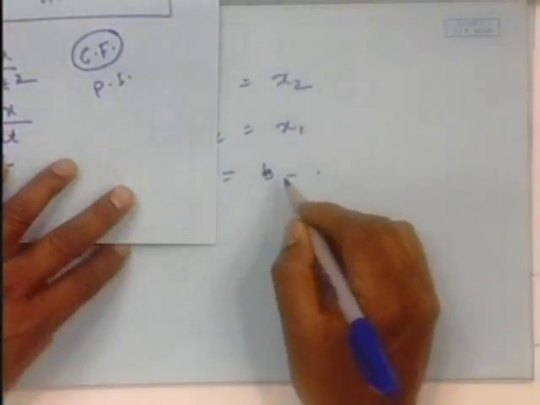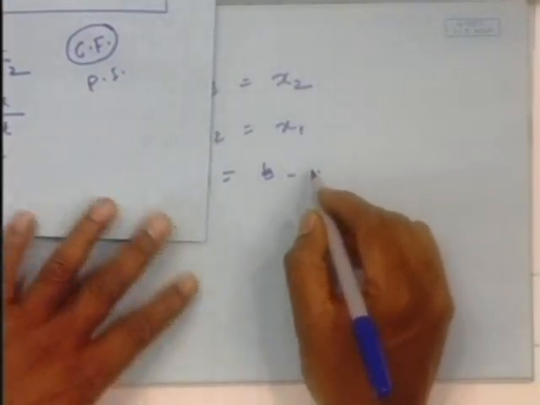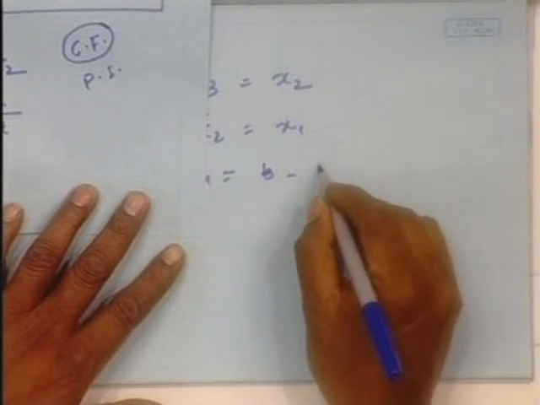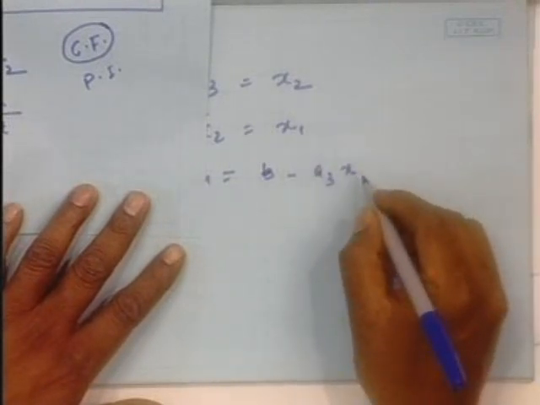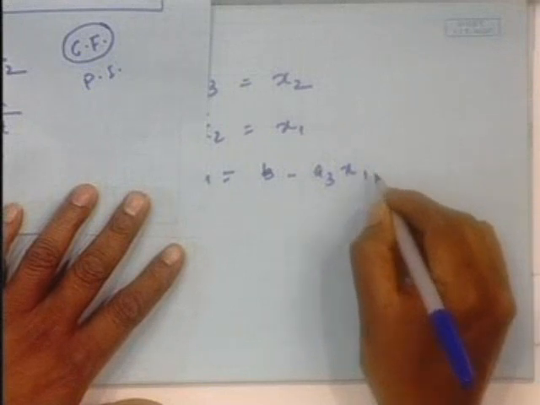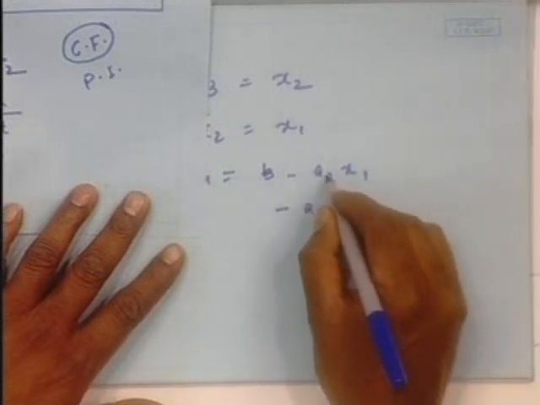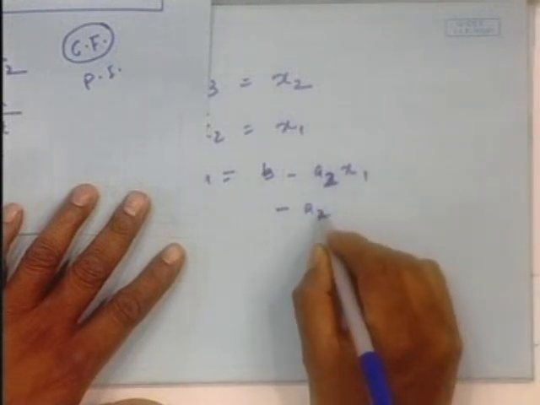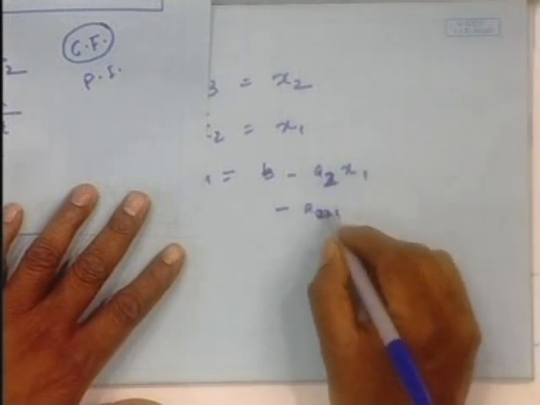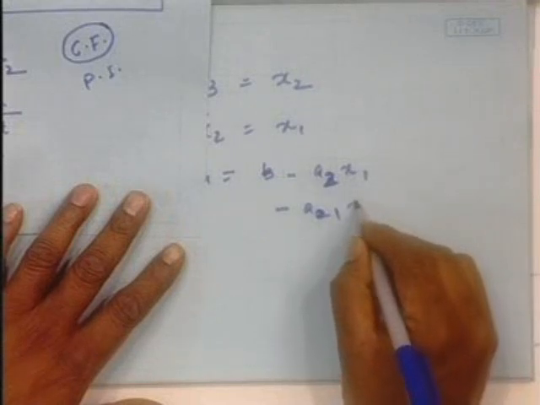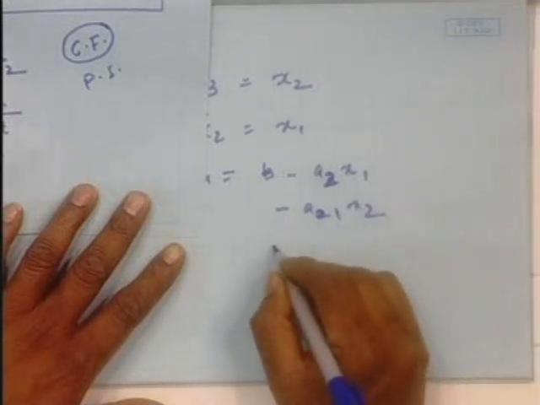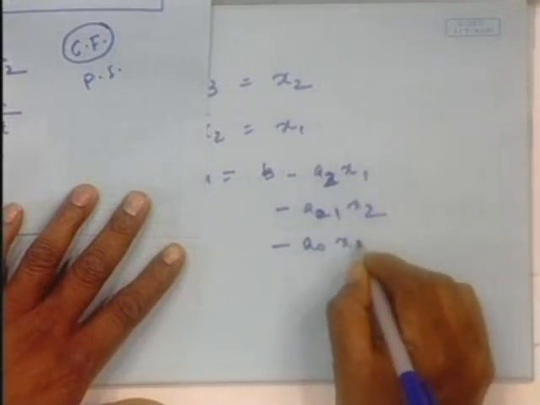In that case, this turns out to be minus a3 into x1 minus a2 into x1 then minus a1 into x2 then minus a0 into x3, right?